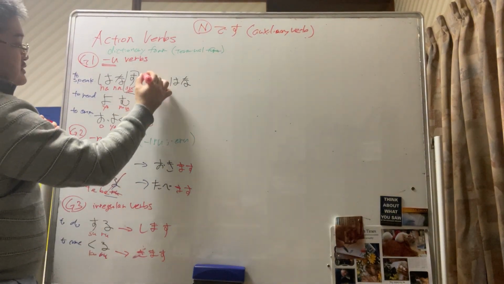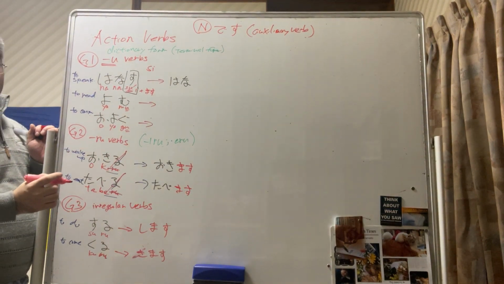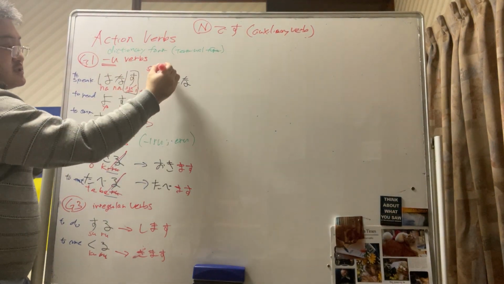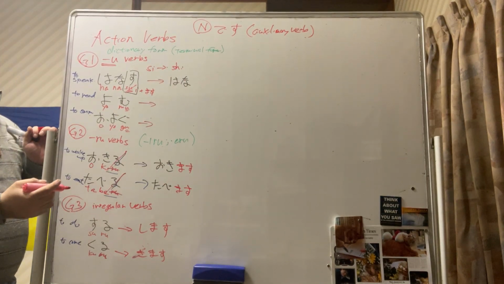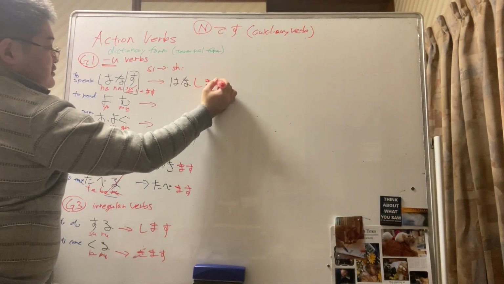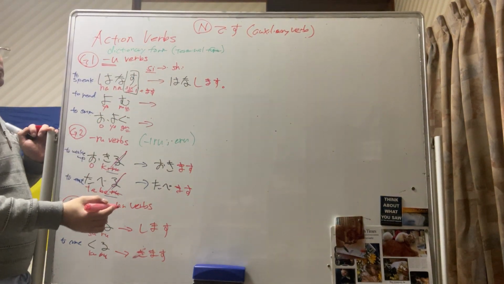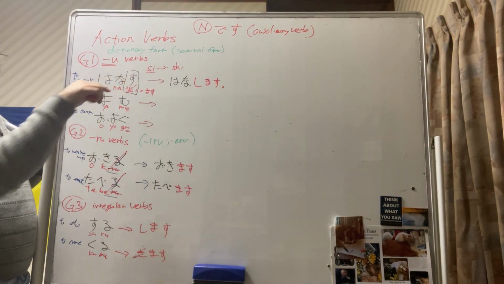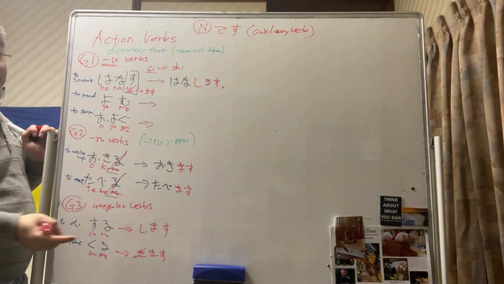It should become se sound, but we don't have this sound in Japanese, we have shi, so it becomes shi. I mean, if you type it on a keyboard like si, it gives you shi in Japanese.